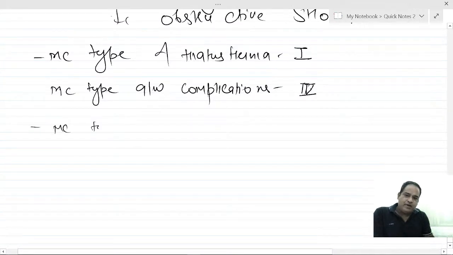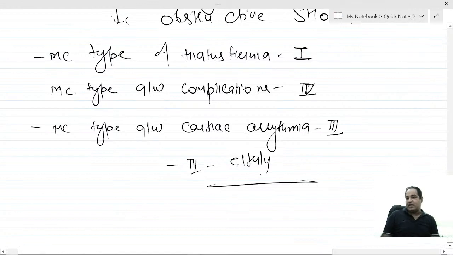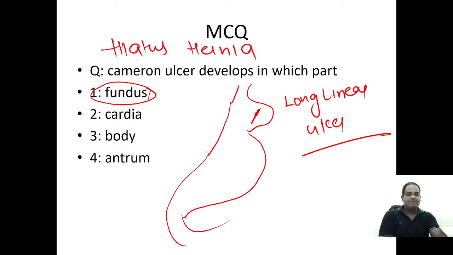Most common type associated with cardiac arrhythmia is type 3. So type 3 is common in elderly. Type 1 is sliding. Type 3 is rolling.